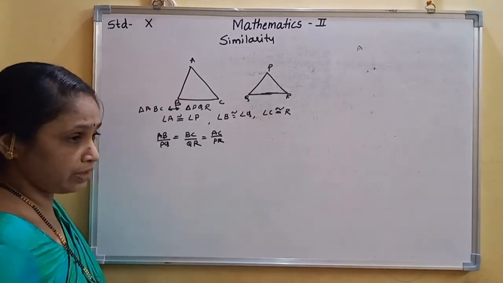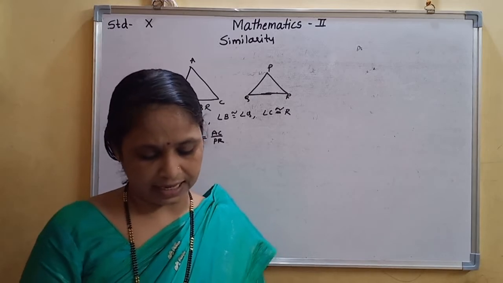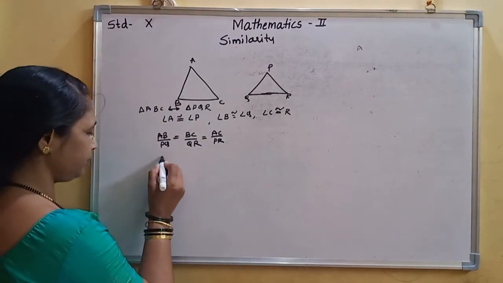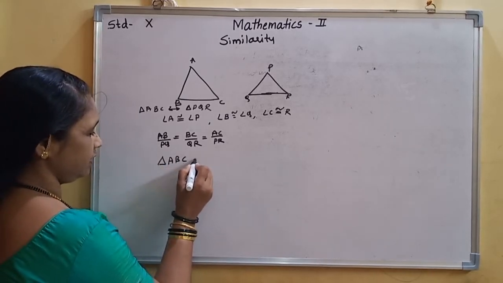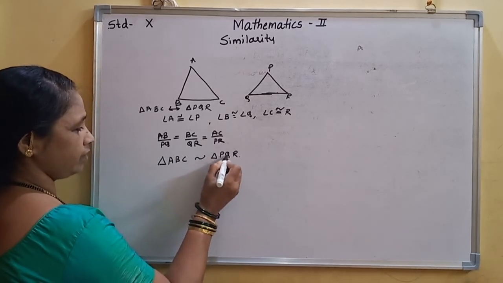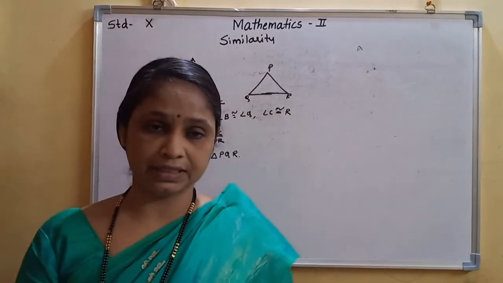When the corresponding sides are in proportion, we can say that the two triangles are similar. The similarity sign: triangle ABC is similar to triangle PQR.